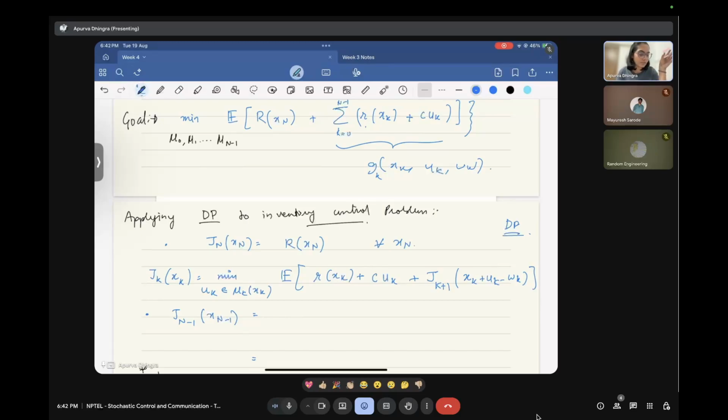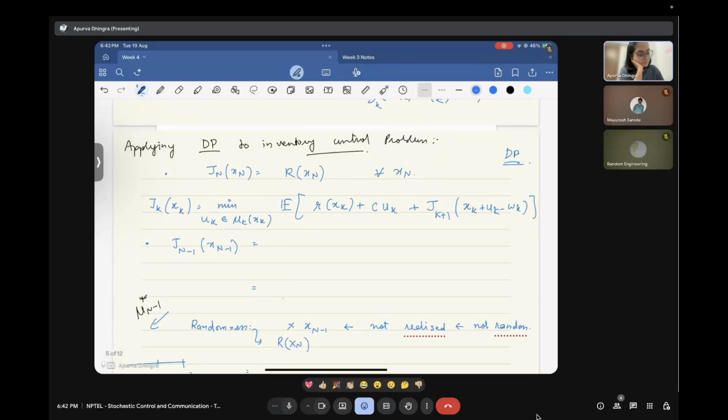Now, depending on the way the problem is defined, we have to focus on the part that has some randomness and the part that is getting optimized. Anything that is not getting optimized, we can just take it out of the objective function and can still keep it for the sake of comparison. So here, if we were to write out the steps, we started with n, now we'd go to n minus 1.